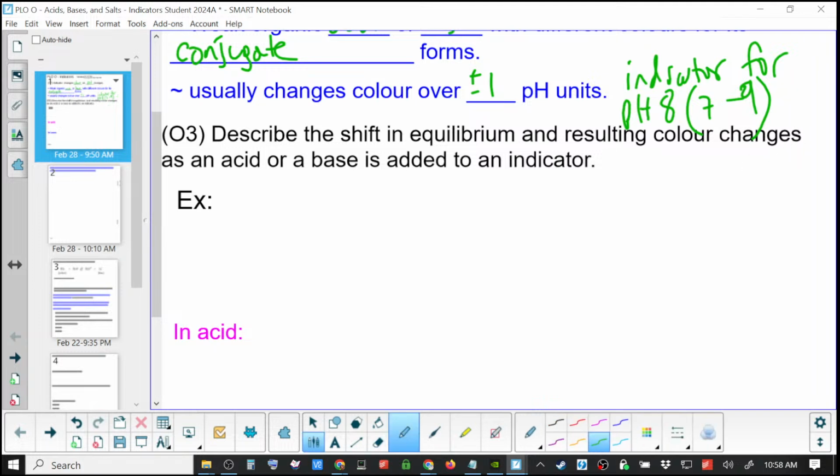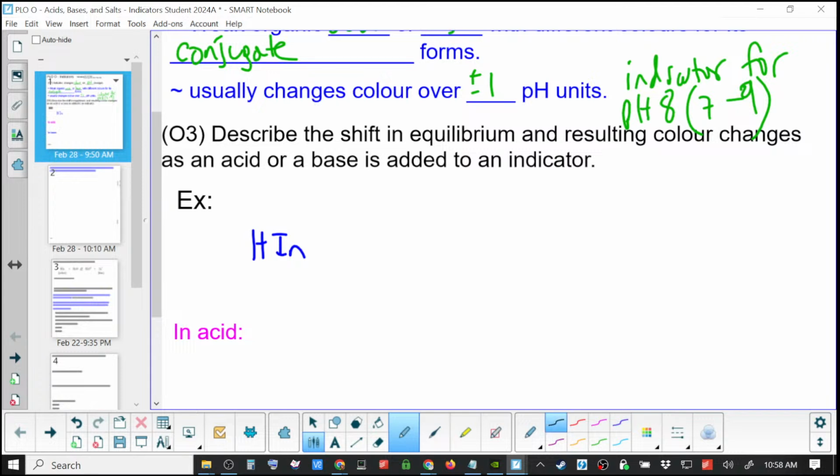Describe the shift in equilibrium and resulting color changes as an acid or a base is added to an indicator. So let's take our indicator, HIn. React that with water. Predict the products.